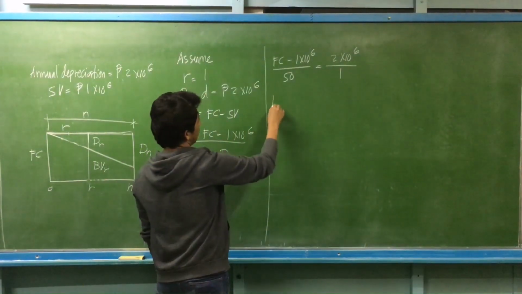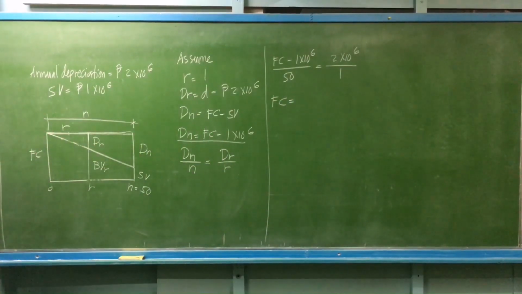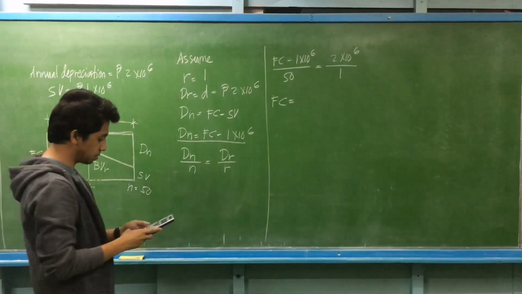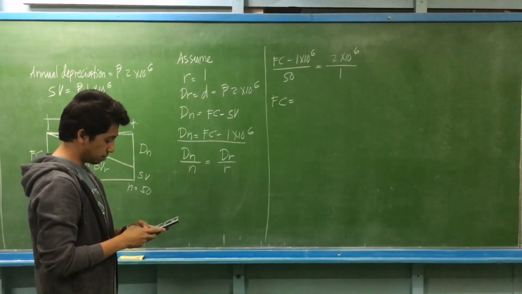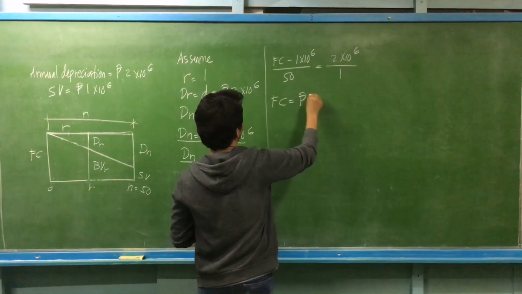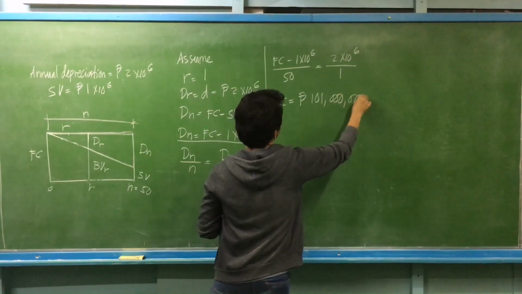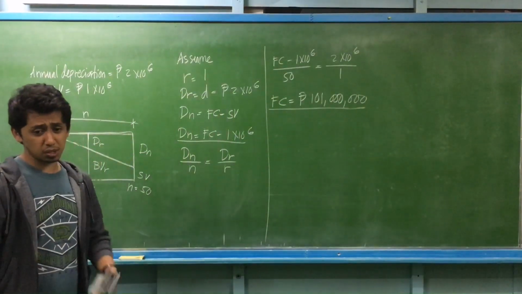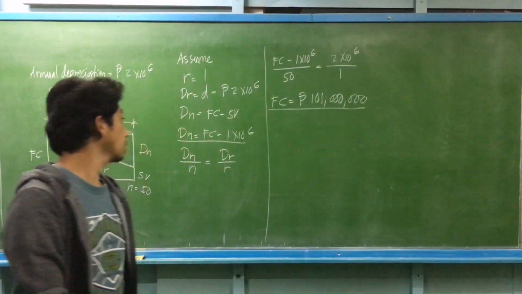So, we'll be able to compute for the first cost. It's the same as 50 times 2 million plus 1 million. So, the correct answer will be the first cost of the building is 101 million. So in our choices, letter C.